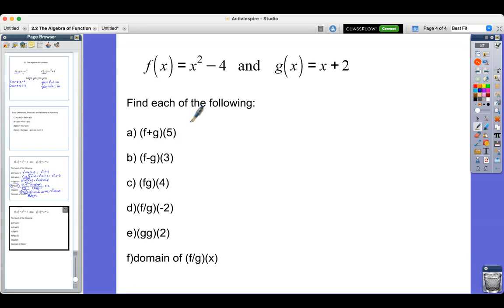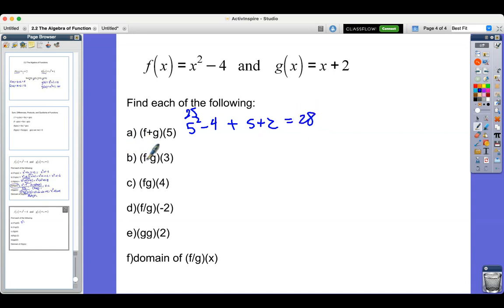In this f plus g, we're going to have 5 squared minus 4, plus 5 plus 2. Order of operations still matters here. So 5 squared will be 25. Minus 4 will be 21. Plus 5 will be 26. Plus 2, 28, y'all. 28.